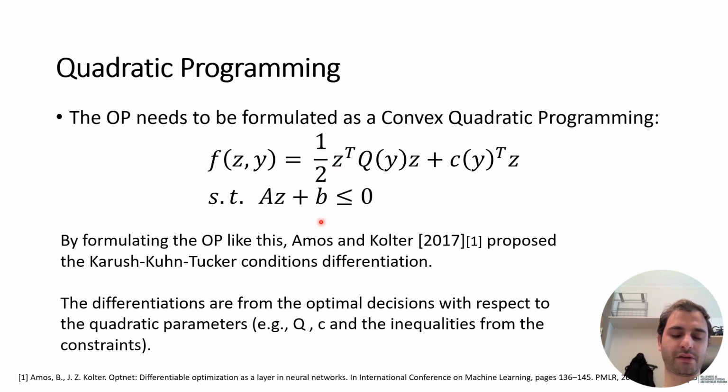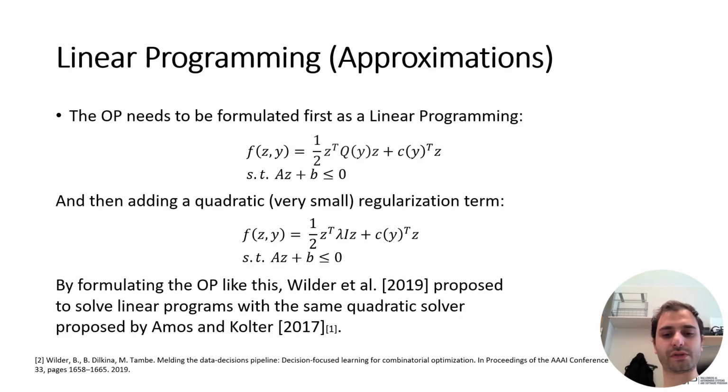We didn't put it here in the formulation, but it is also possible. So basically, all these matrices or vectors that depend on Y need to be differentiable to be inserted in these end-to-end learning frameworks.